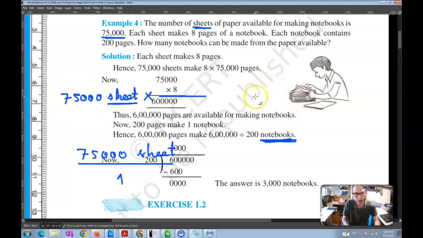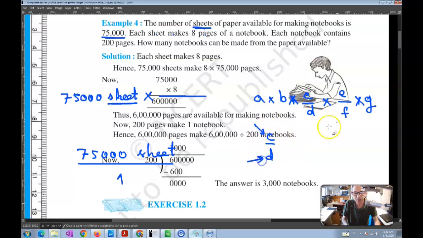Whatever in a calculation, A times B plus C over D, for example, times E over F, times G. Suppose that you have this calculation, and these are some numbers. When you have a fraction, for example C over D, this fraction has a numerator and a denominator.